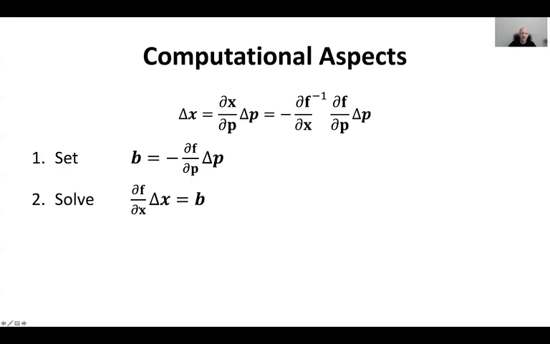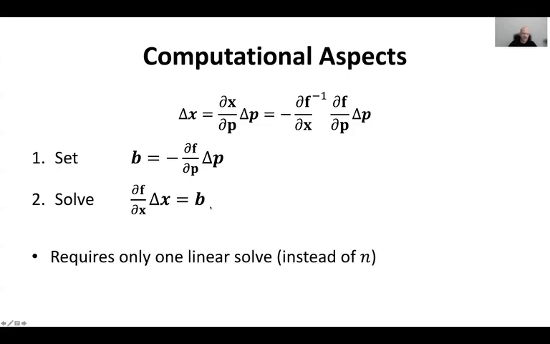So of course, that is much more efficient than first computing delta x and then multiplying delta p onto it. In general, if we have more than one parameter, for sure. So this requires only one linear solve instead of the number of parameters linear solves, and it's in general much faster. So now we're able to compute a delta x for a given delta p.